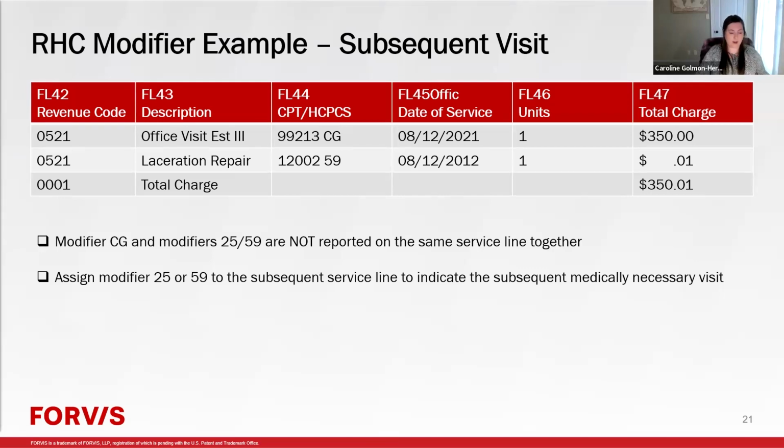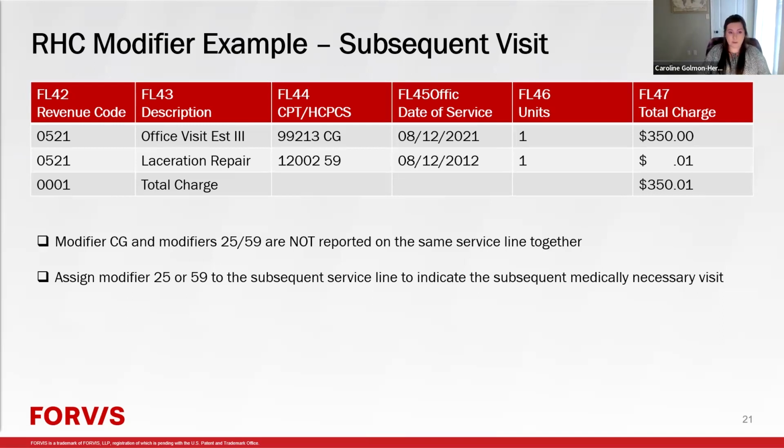So that patient came back for a laceration repair, and they applied that modifier 59 to the 12002. Important to note here that modifier CG and modifier 25 or 59 are not reported on the same service line together. So you never want to see that CG and a 25 or 59 on the same line. You want to make sure that that is delineated out and that you're putting the appropriate modifier on the subsequent visit.